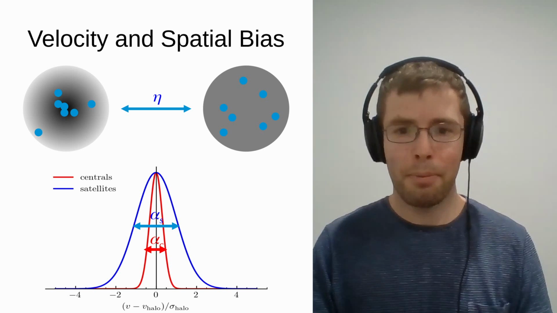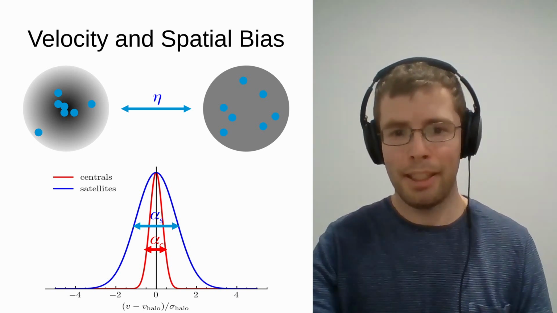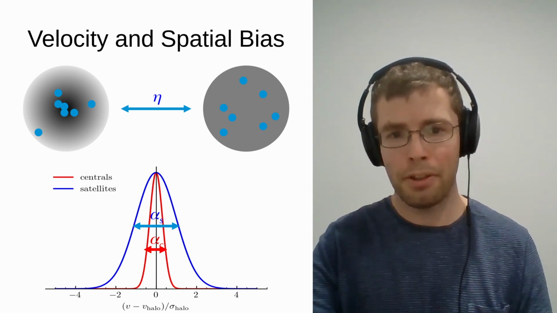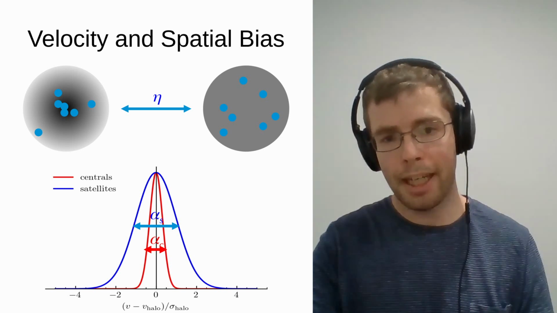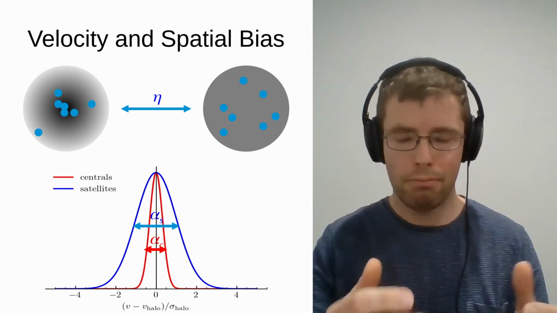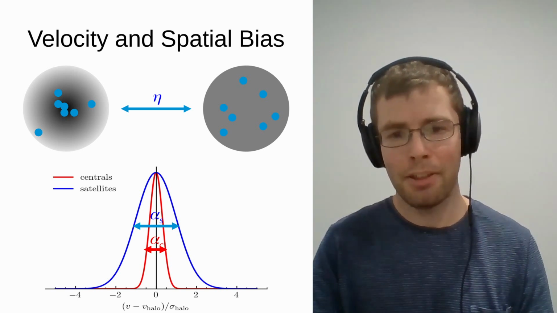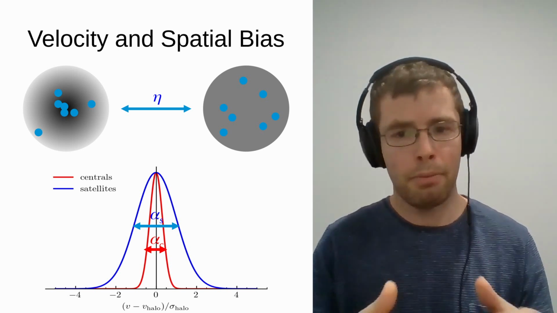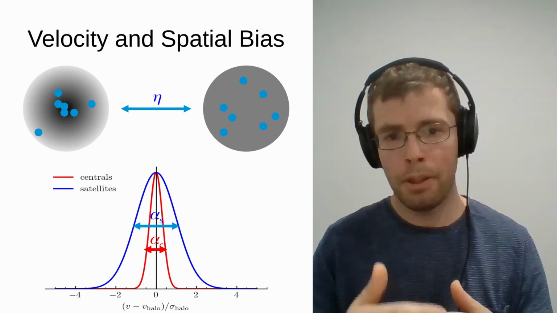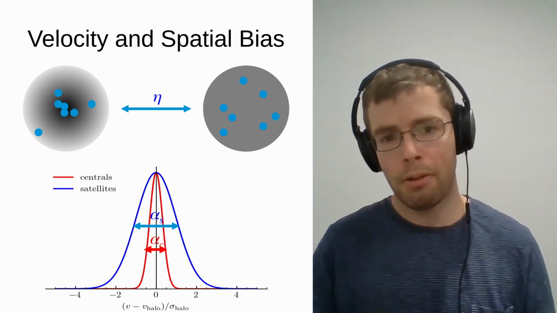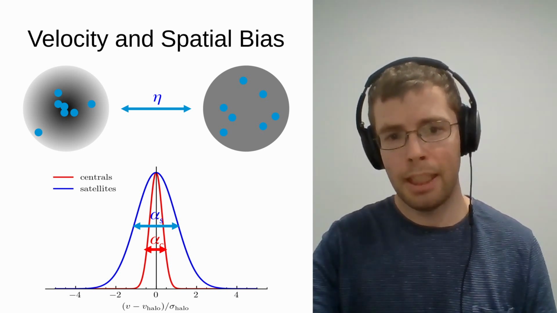And finally, we also model in detail the velocity distribution of centrals and satellites. So for satellites, you can very accurately predict the velocity dispersion based on the Jeans theorem, but there are various reasons why you expect there might be deviations from the Jeans theorem expectation. And so we include an additional free scaling of the velocities of satellites.